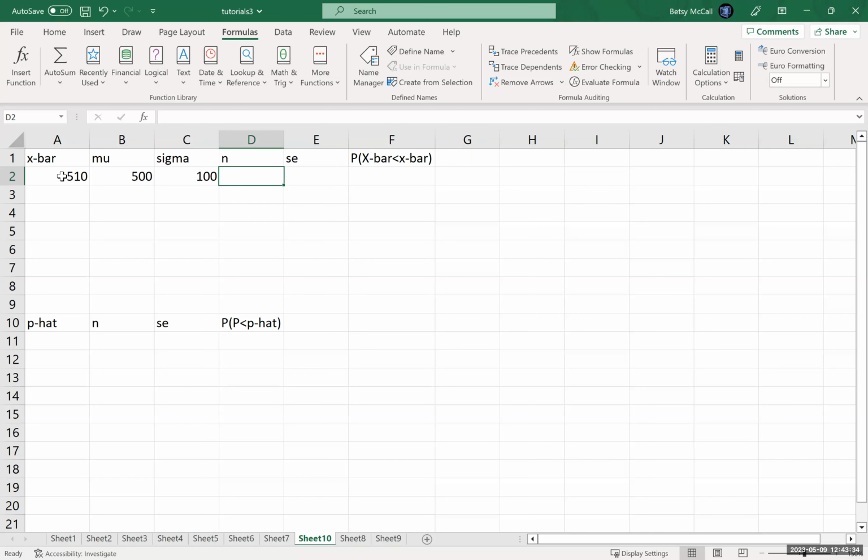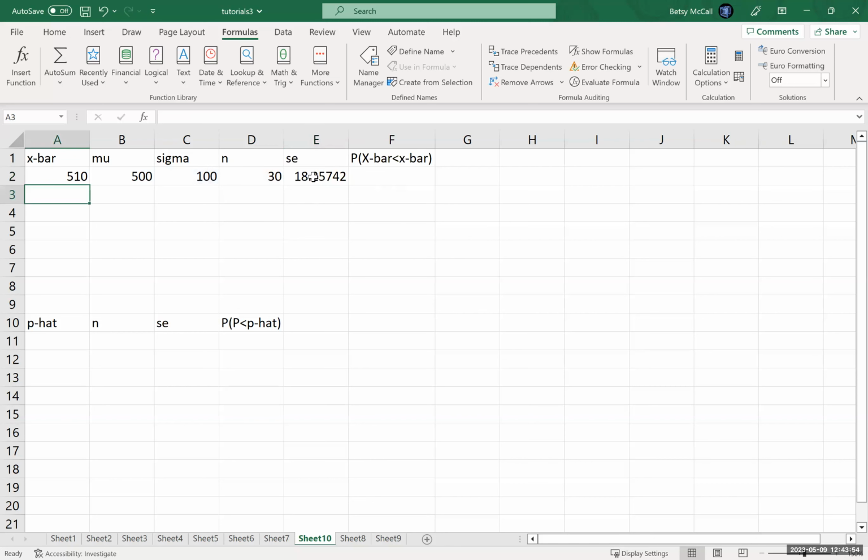The sample size we had was 30, and then we're going to use sigma over the square root of n to calculate our standard error, which we'll need for the probability calculation. That is sigma divided by the square root of n.